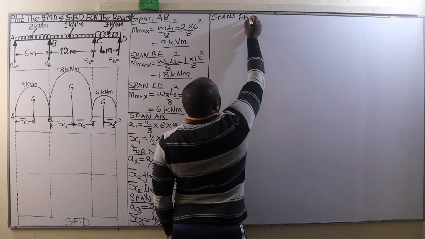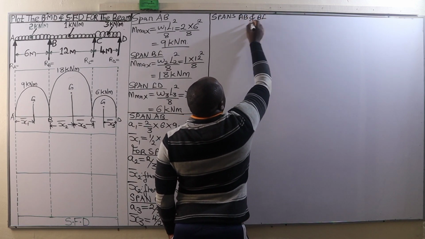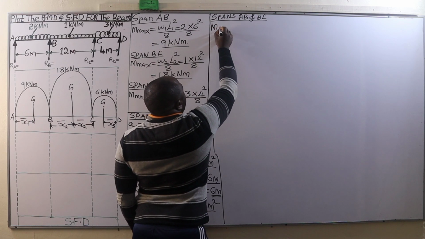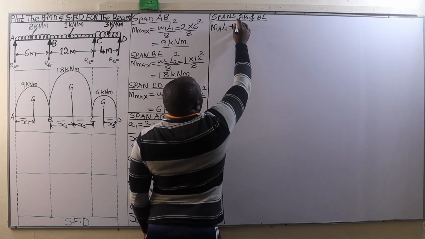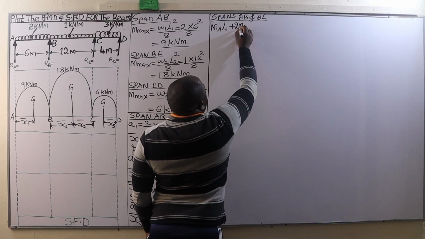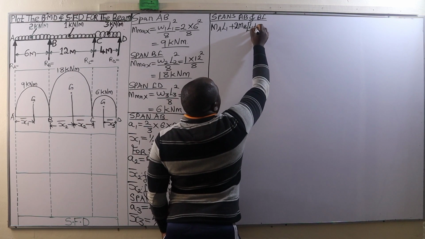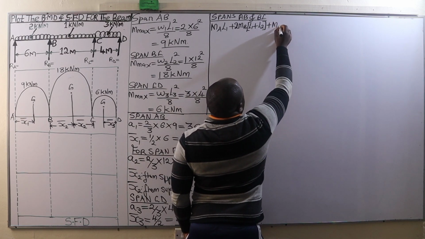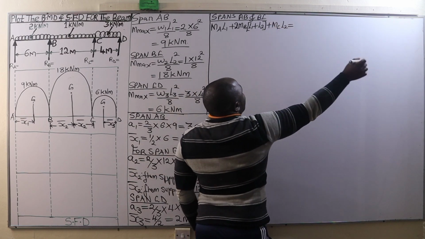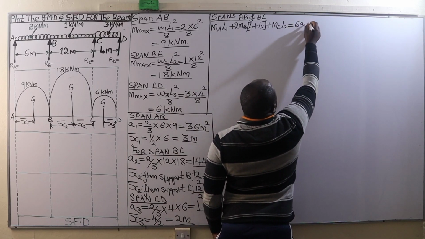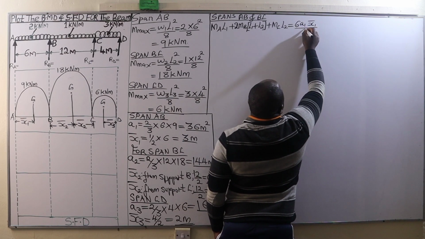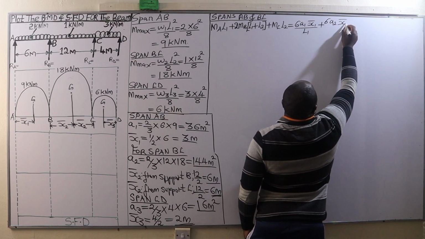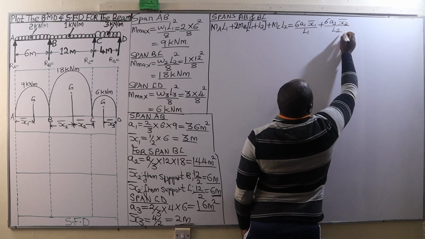For the spans AB and BC, the three-moment theorem states that MA L1 plus 2MB into bracket L1 plus L2, we close the bracket, plus MC L2 will be given by 6A1 bar x1 divided by L1, plus 6A2 bar x2 divided by L2.